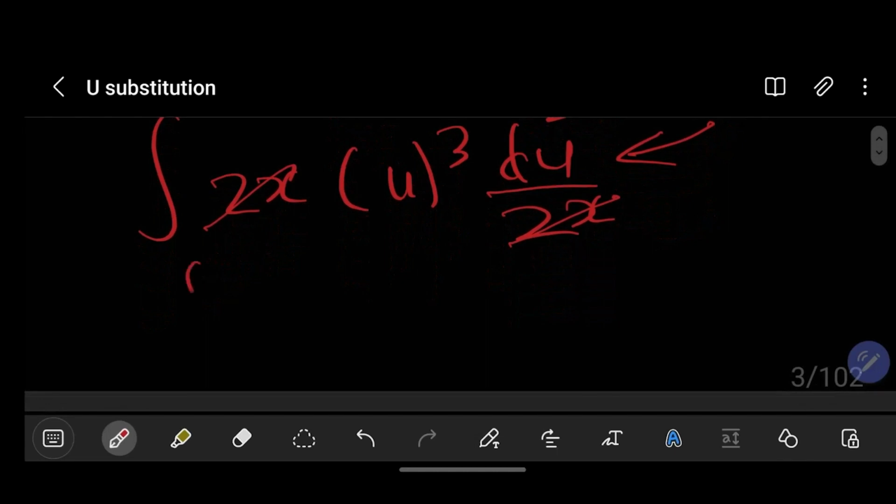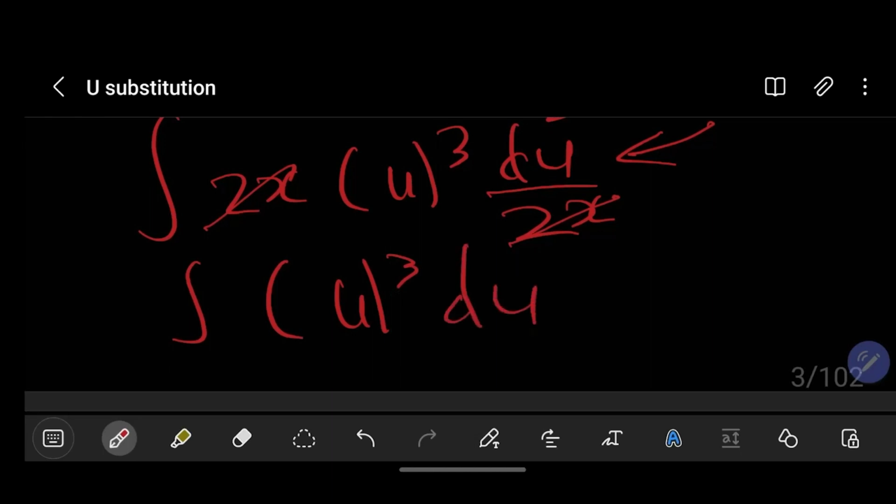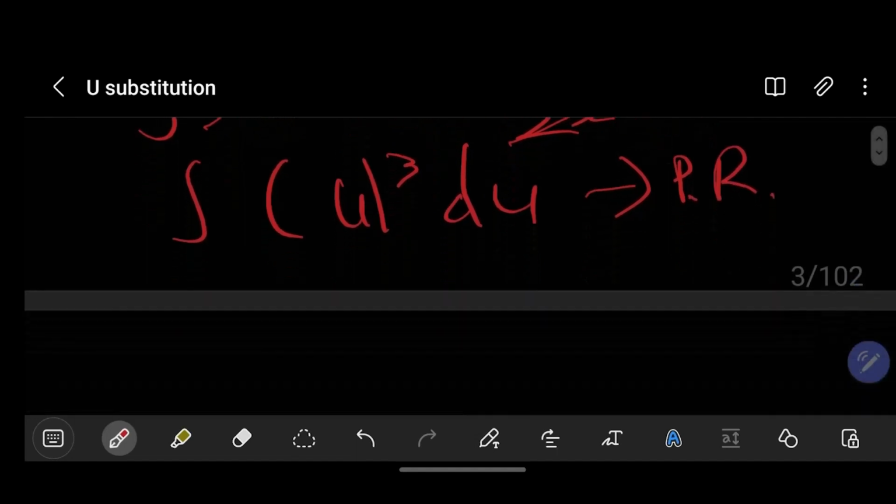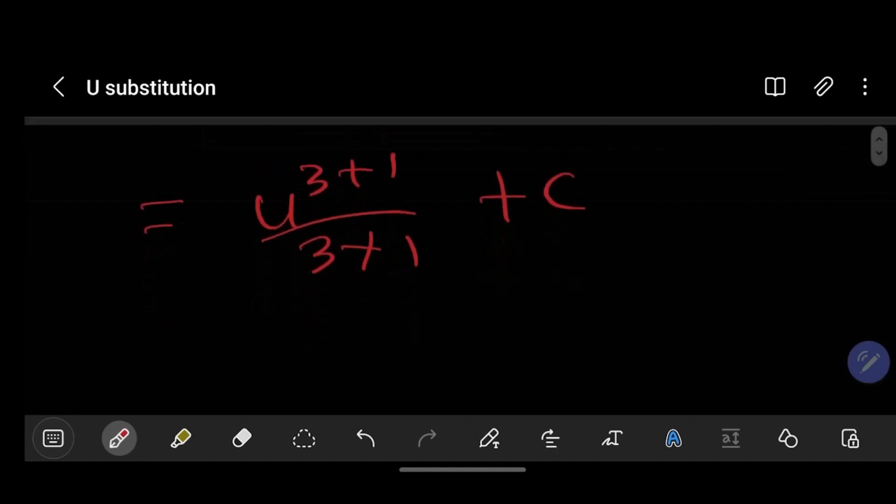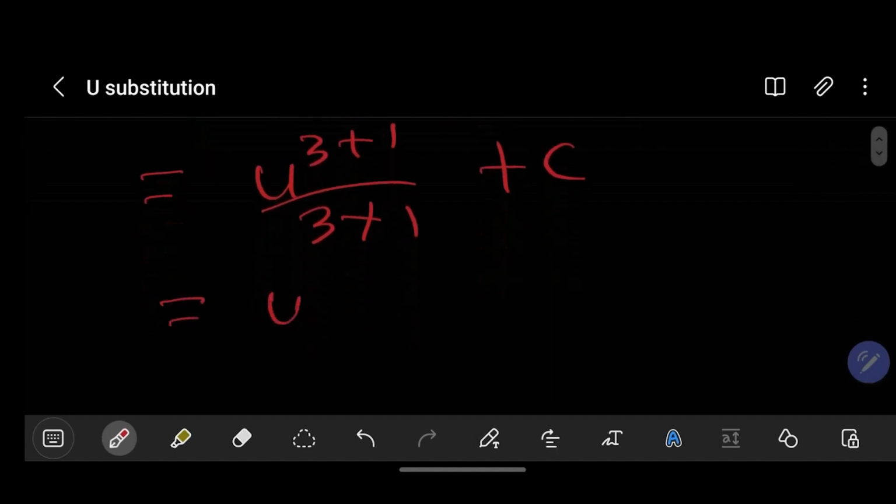So we basically now need to find the integral of u cubed du. And this is once again in the familiar format. This is where we use the power rule once again. And this is now basically equal to u to the 3 plus 1 over 3 plus 1 plus c. And that is now equal to u to the 4 over 4 plus c.